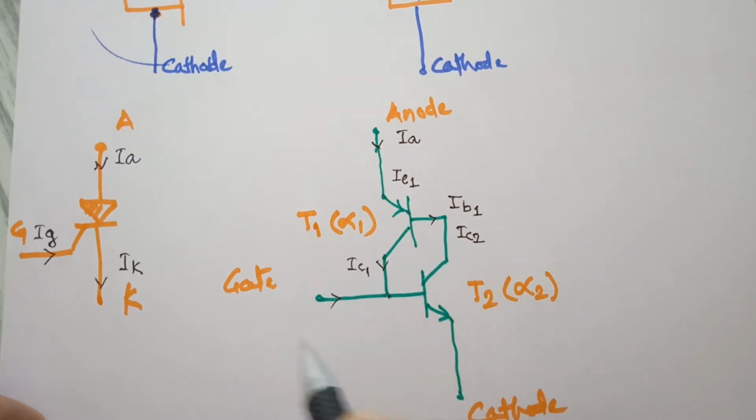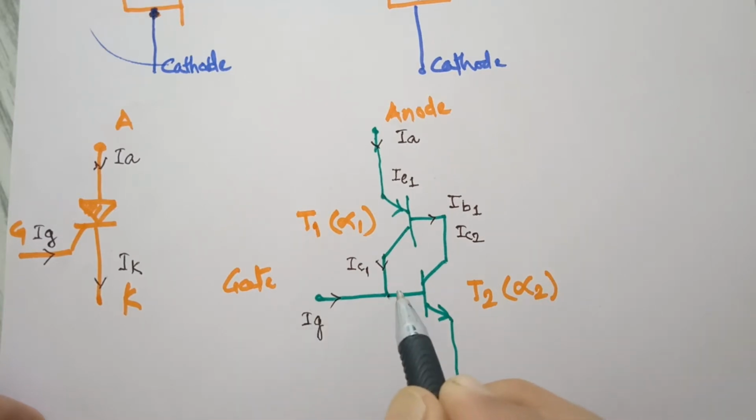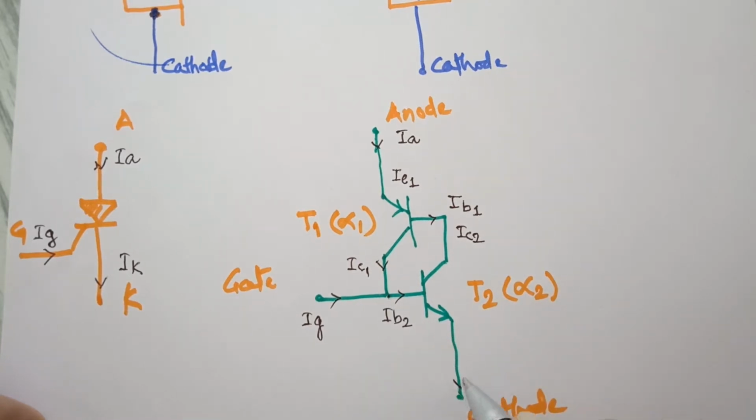The current which we are going to inject is the gate current, and that is nothing but the base current for the second transistor. And the current leaving the SCR, the cathode current, is also the emitter current for the second transistor.